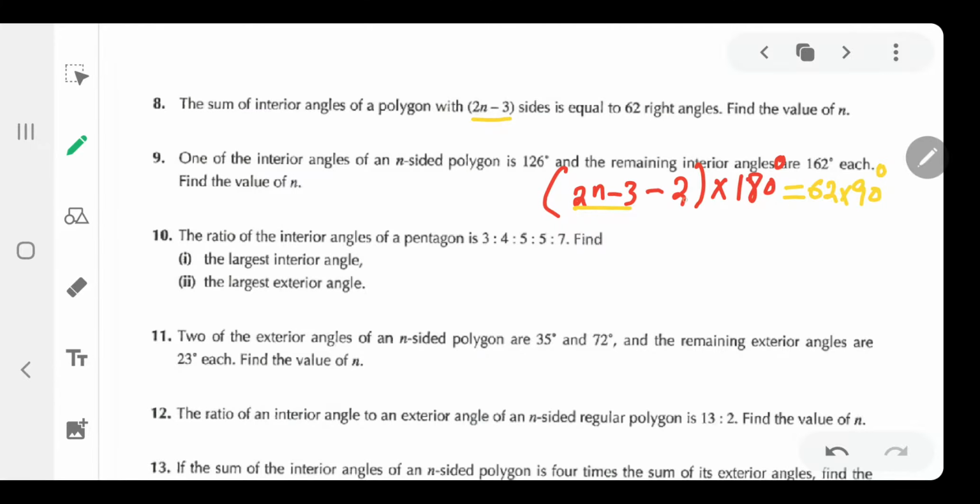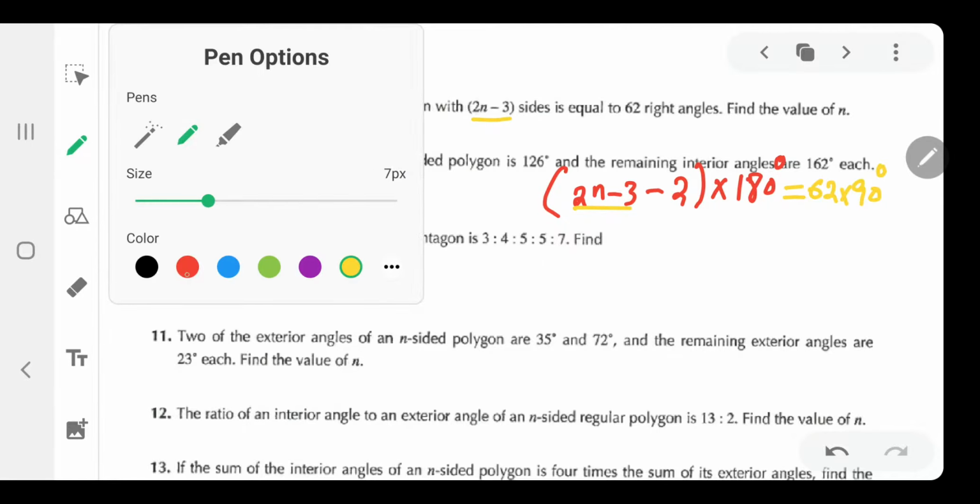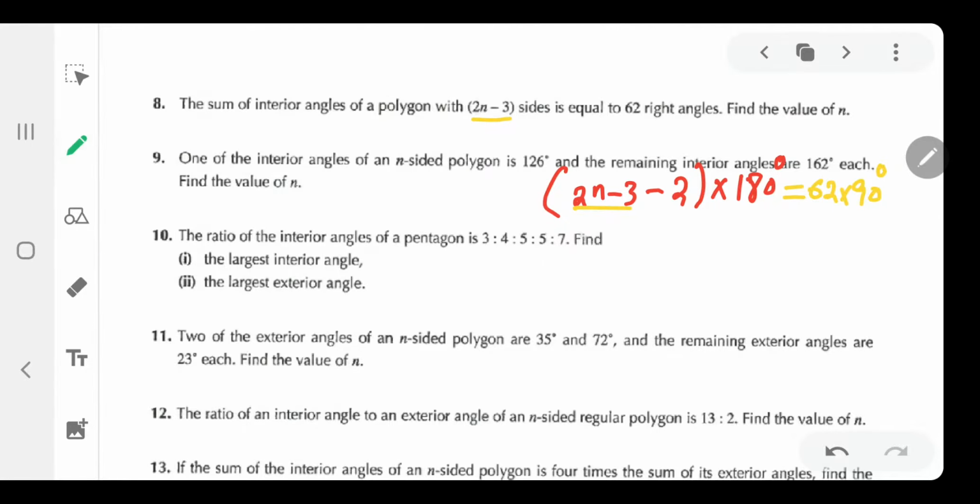Now, by performing simple mathematical calculations, we can find the value of n. What will be the value of n here? So it becomes 2n minus 5, and we divide 62 multiplied by 90, which becomes 5580 degrees, divided by 180 degrees, right?